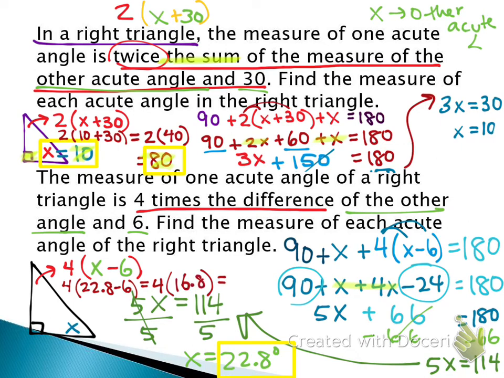And then times 4. 67.2 degrees. And I know it doesn't look like it, but they do add up. These two add up to 90, and then 90 plus 90 makes 180.